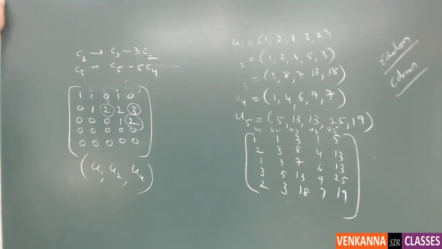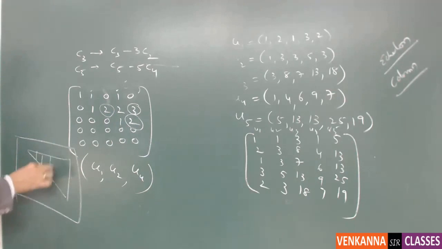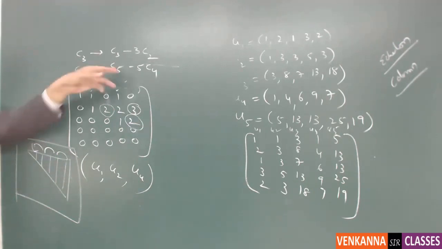So whenever after applying the row operations, you will get an upper triangular matrix. The form of the matrix will be like this. In this upper triangular matrix, you are checking for the columns which are dependent on the previous ones. So those columns, on observing the column operations, you can eliminate them. Please understand, here I am not actually applying the column operations.